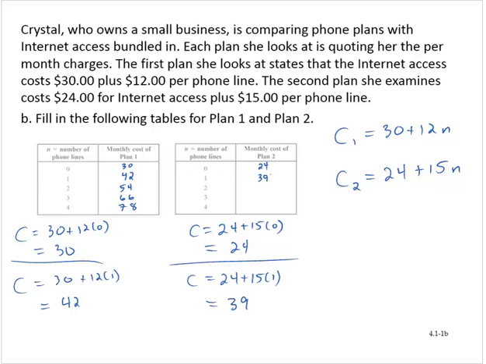And again, since we know that the cost equation is linear, we can use the slope and increase by 15 each time. So that would give us $54 for 2 phone lines, $69 for 3 phone lines, and $84 for 4 phone lines.